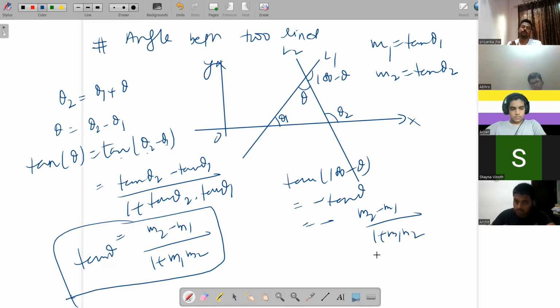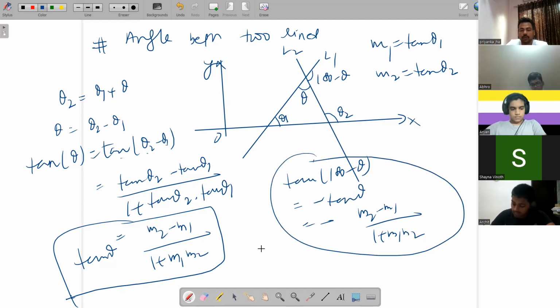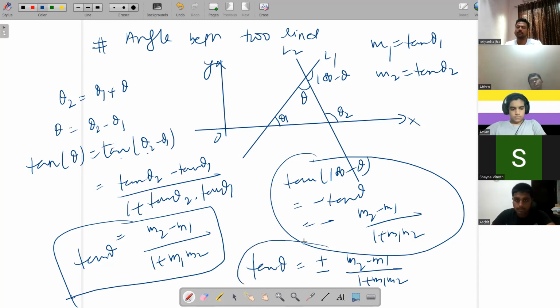Note it down first. So if we combine this, we'll simply write tan theta as plus minus M2 minus M1 or M1 minus M2, does not make any difference, upon 1 plus M1 into M2. So here plus minus both comes because theta may be acute, theta may be obtuse. That will depend on the sign, plus or minus. Understood? First you note it down, I'll tell you more about this.